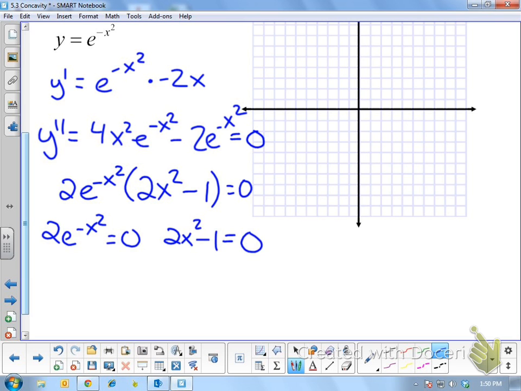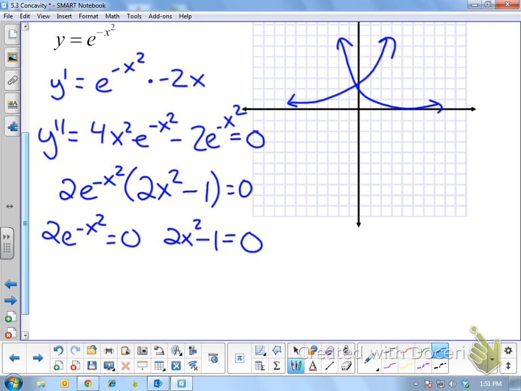What do we know about the function e? What do we know about the graph of e? If I just have plain old e to the x, it would look something like this. This graph has a negative, so it flips horizontally because our negative is on the inside. So this graph would be something like this.